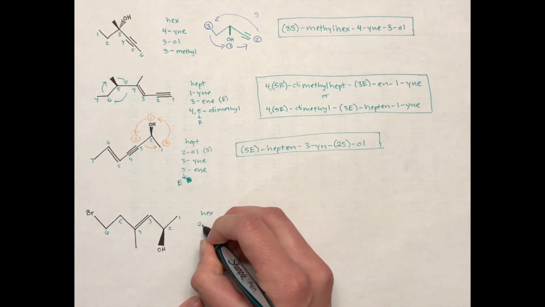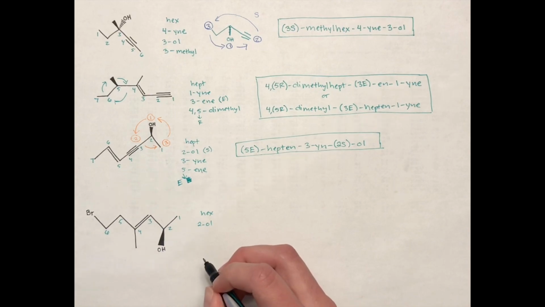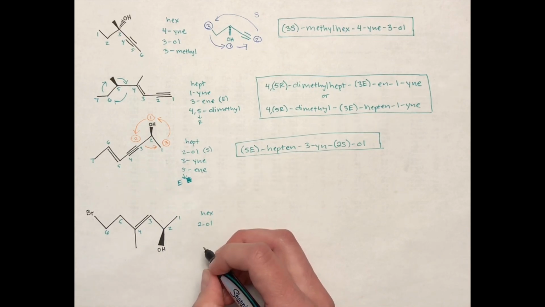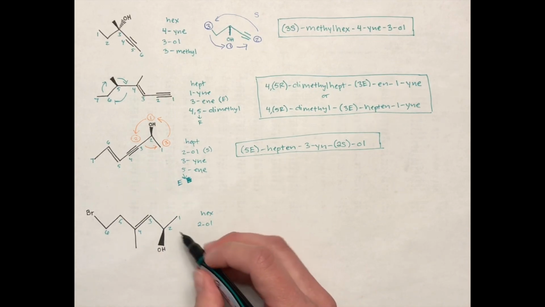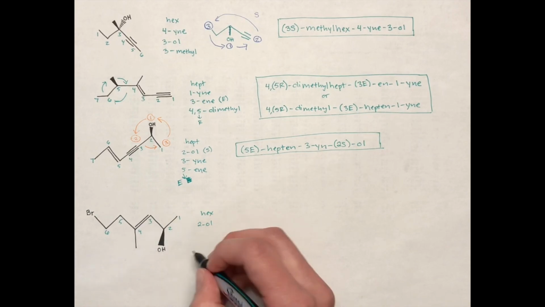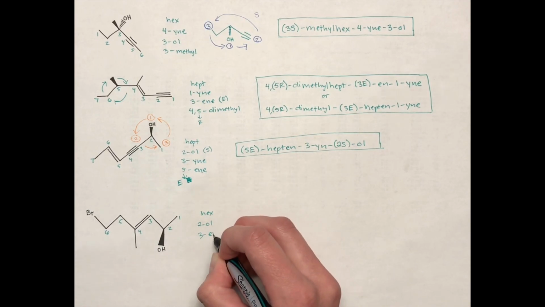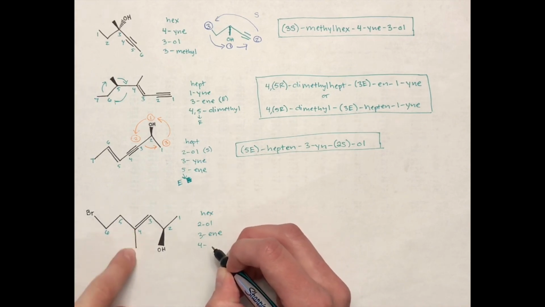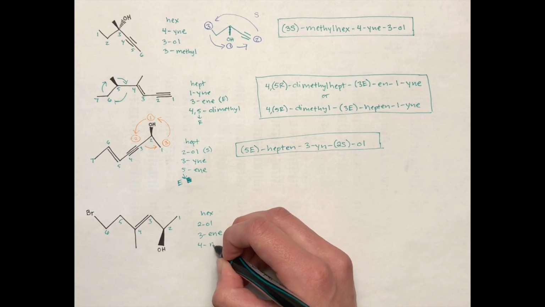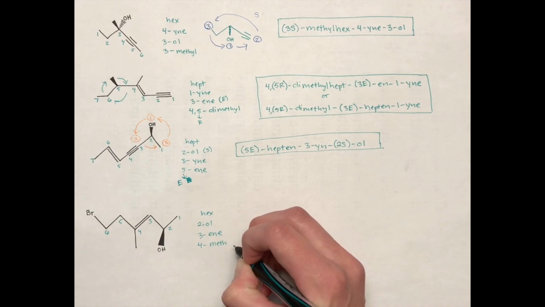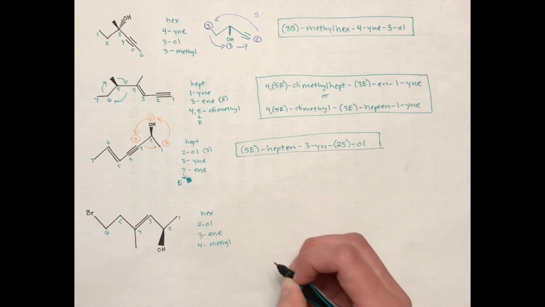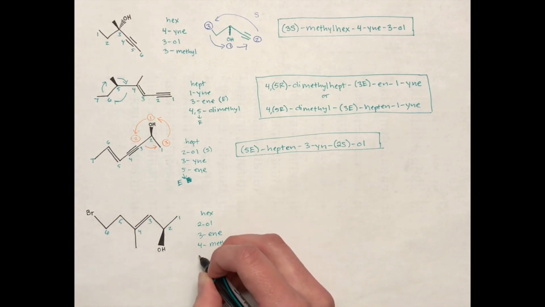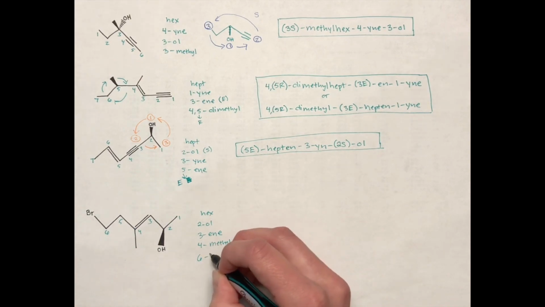So off of 2, we have an alcohol group. Let's see, what else we got going on here? 1, 2, 3. At 3, we have a double bond. At 4, we have a methyl group coming down. 4 meth. Oh, there we go. And at carbon number 6, we have a bromo group.